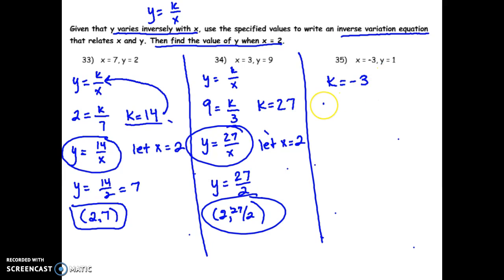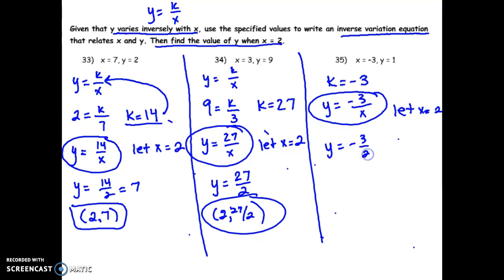We then can say that y is equal to negative 3 divided by x. That's going to be our equation. Now we let x be equal to 2, and y is going to be equal to negative 3 halves.